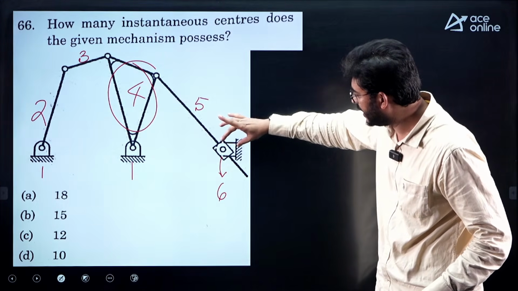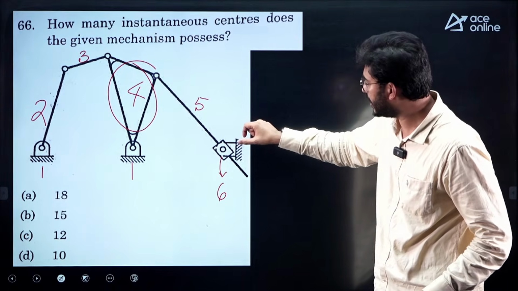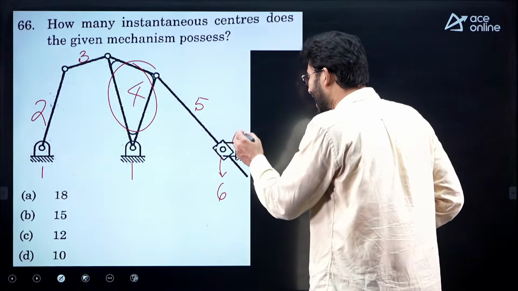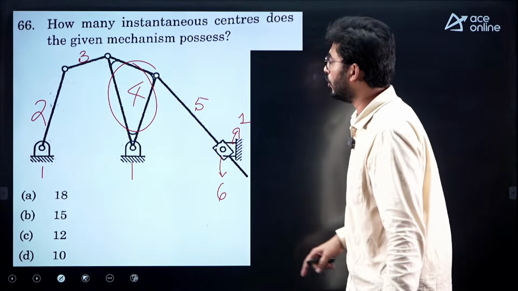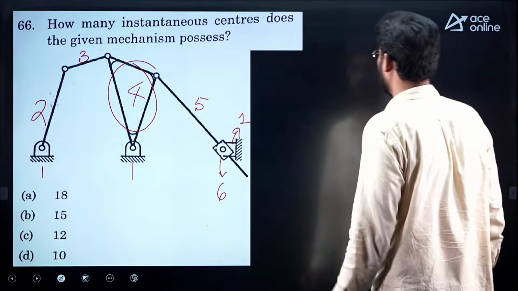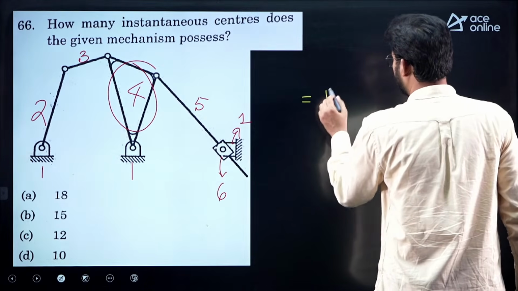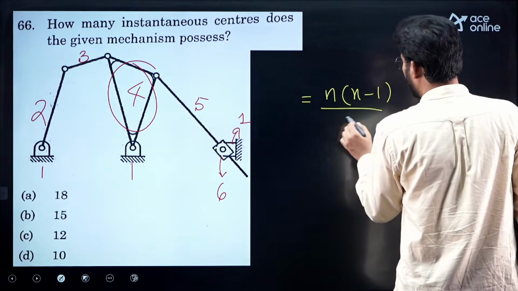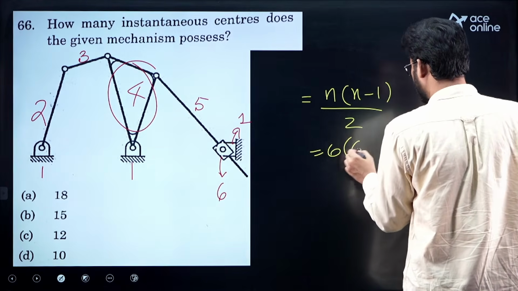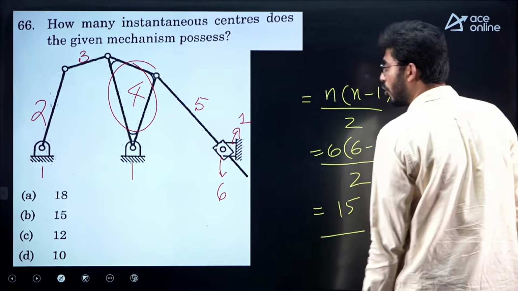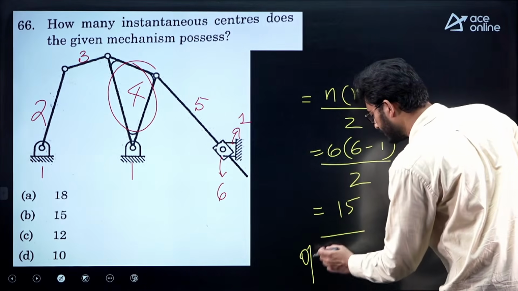You are finding a tilt or some slotted portion which is going to have the angular motion. So this will be link number 6 and this will be link number 1. So how many instantaneous centers are there? The number can be computed by n into n minus 1 by 2, which is equal to 6 into 6 minus 1 by 2, which is 30 by 2, which is 15. So option B is the answer.